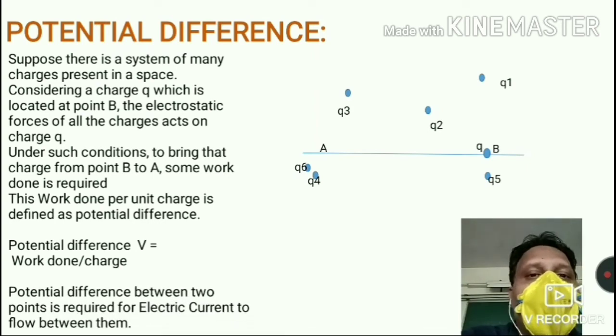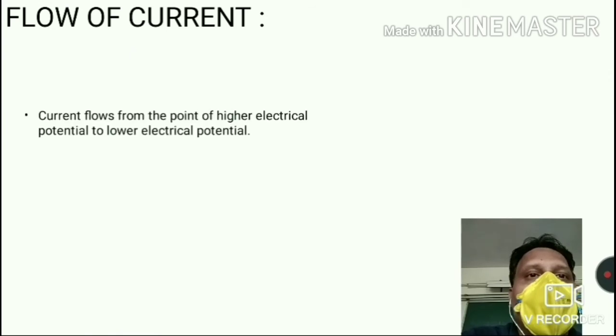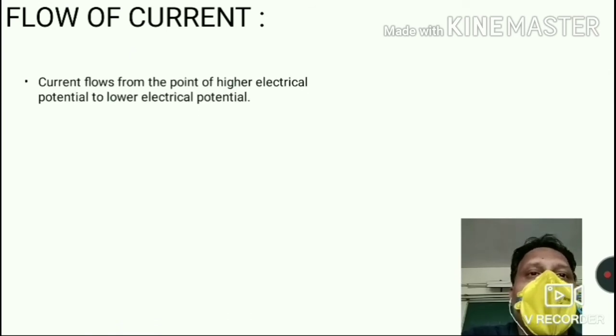Potential difference between 2 points is required for electric current to flow between them. How? For example, you see the flow of current. Current flows from the point of higher electric potential to the lower electric potential.